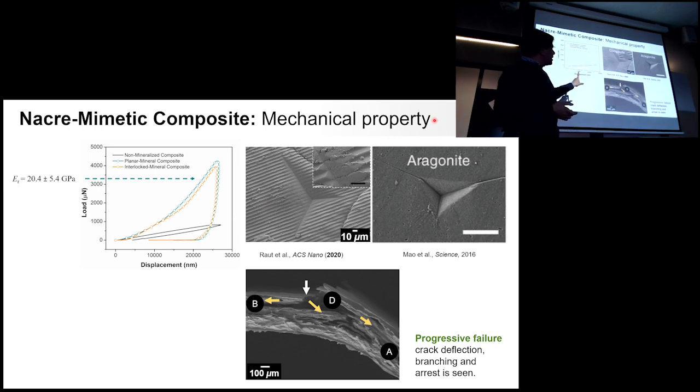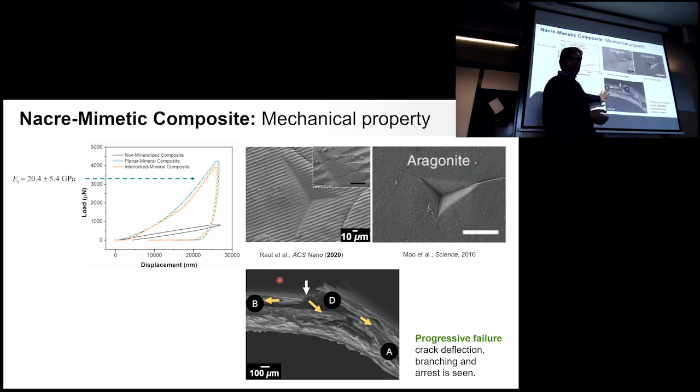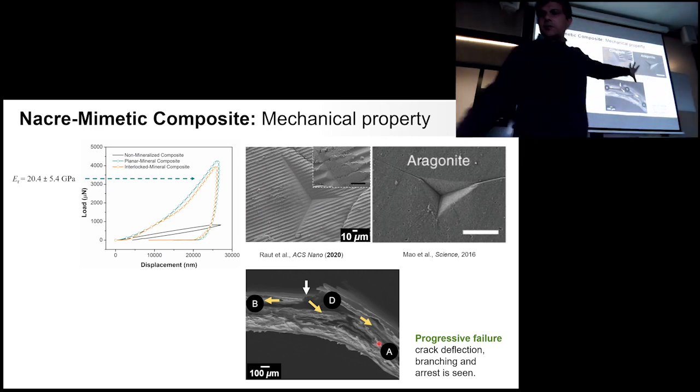And here we see progressive crack formation. So what that means is that when you try to break this material, it doesn't suddenly break, but the crack propagates across the thickness. And that's also something you see in the case of nacre.